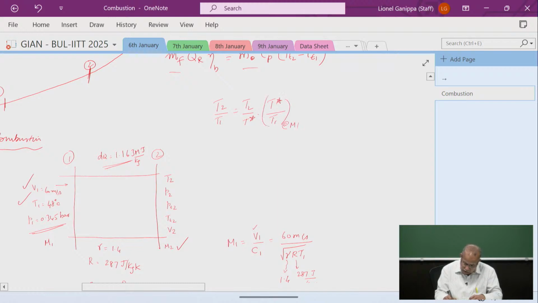This is at M1, this is at M2. So M2 is 0.44 and this is 0.17. All the values are known. T1 value is given, so you can directly find T2. Tell me what is the value for T2.